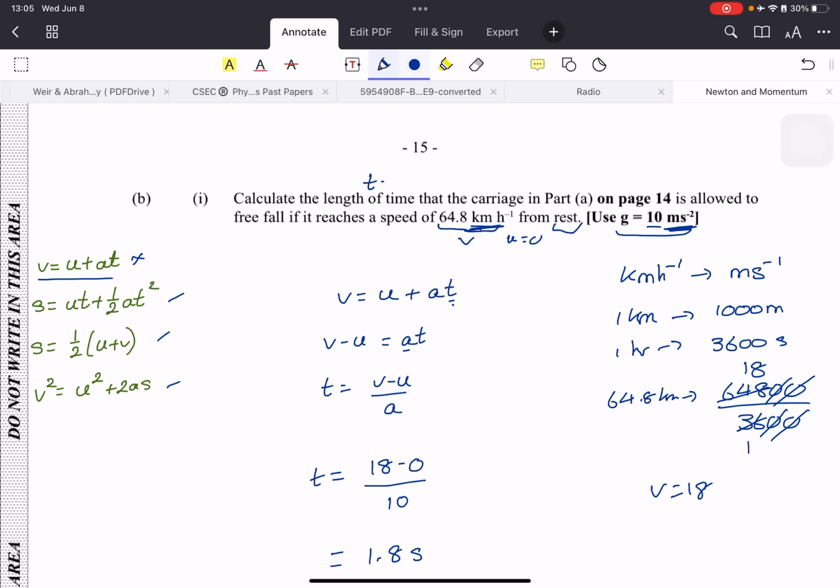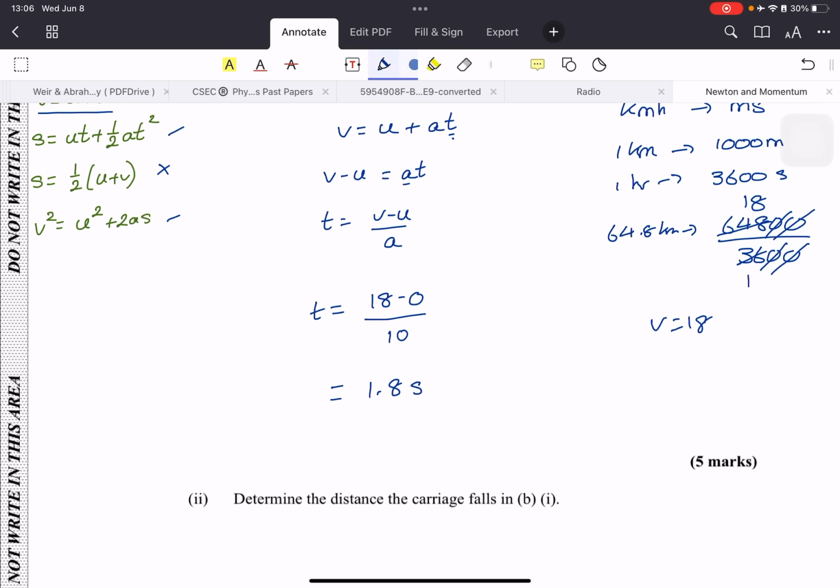Now remember we are given the acceleration, we are given v, u, and t as well, right? So let's not use the third one, because the third one seems to be a very simple one that doesn't have any acceleration in it. We want one where we have everything that we want to use. So therefore we could either use the second or the fourth ones. So let's use both of them and see if we get the right answer, right?